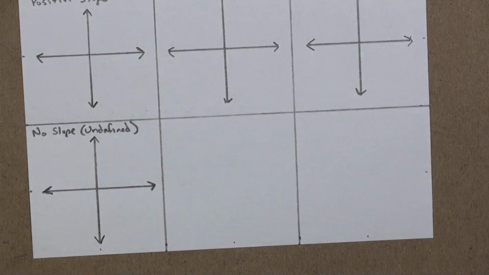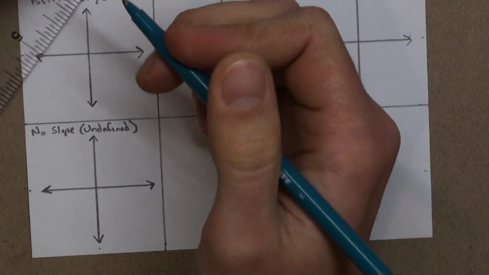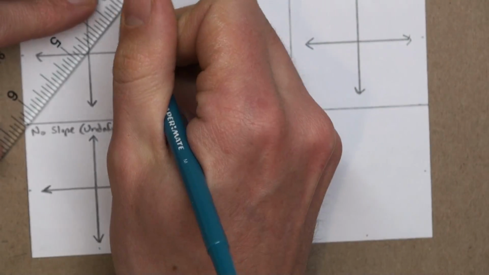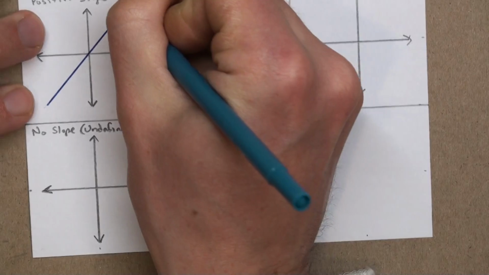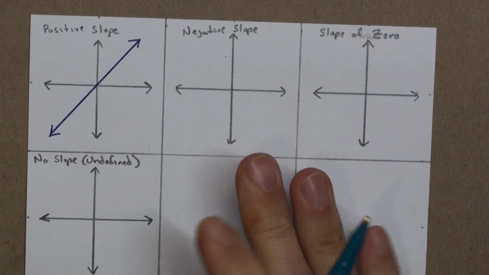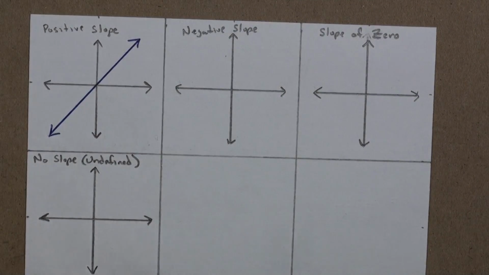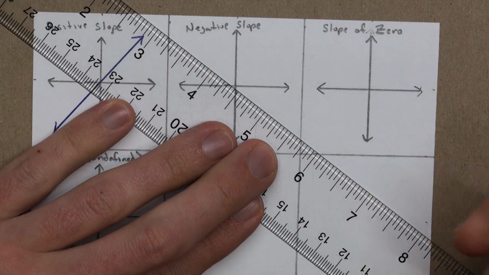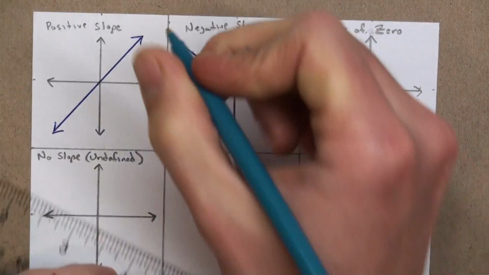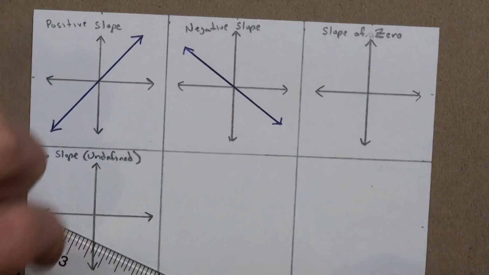Okay, and I'm going to do the slopes in pen. So a positive slope goes like that, right? It goes from bottom left to top right, as long as it's aimed in that upwards direction. Okay, a negative slope goes the other way. Right, goes from top left to bottom right.